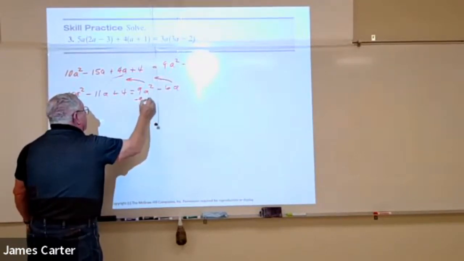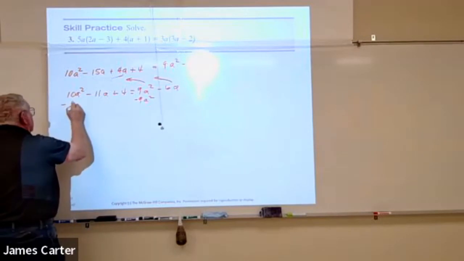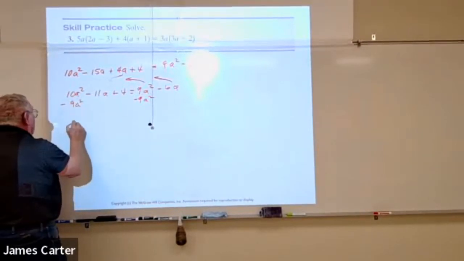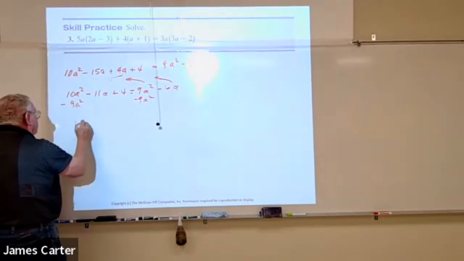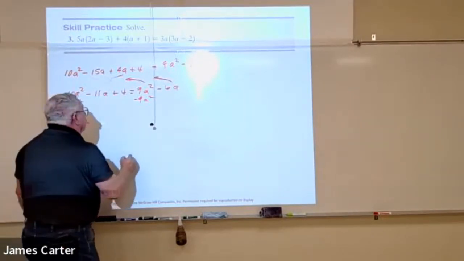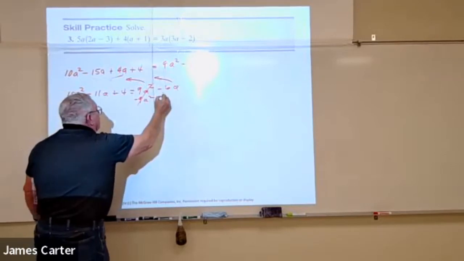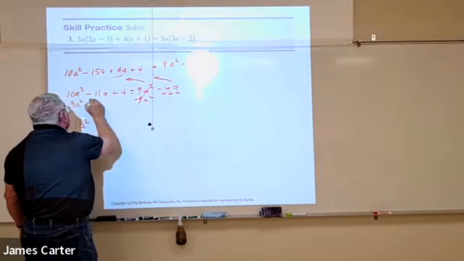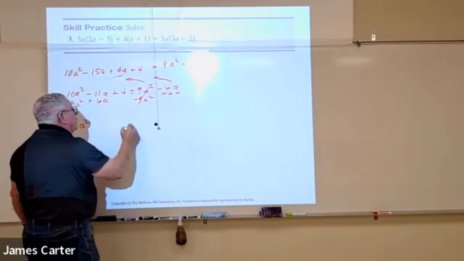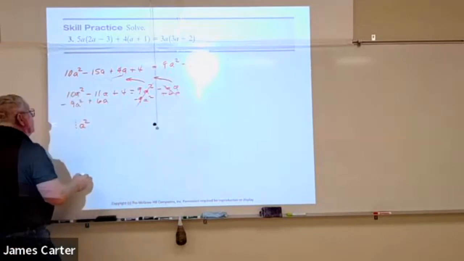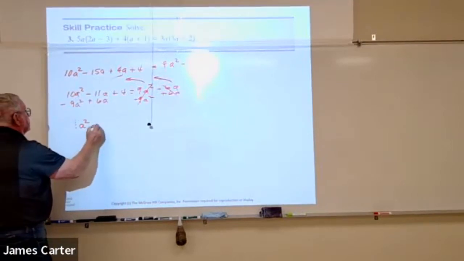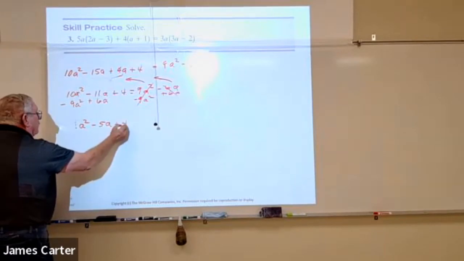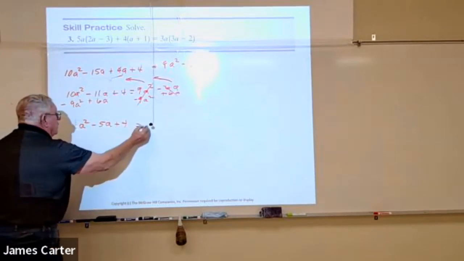Minus 9a squared, minus 9a squared. What does that give me? 1a squared. And these two go away. Plus 6a, plus 6a. Those two go away, and I get a squared minus 5a plus 4 equals 0.